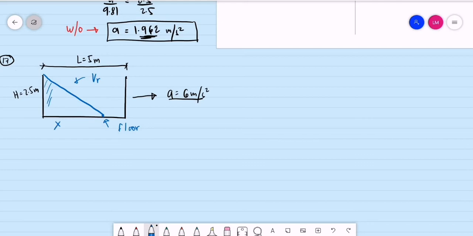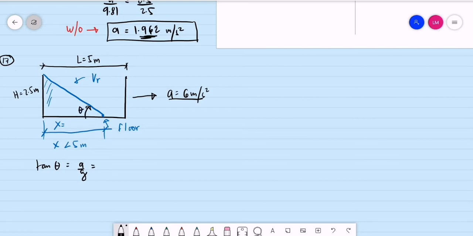Let us first determine this dimension, let's say x. For a correct assumption, the value of x should be less than the length of the tank, so less than 5 meters. We use the equation tangent of theta equals acceleration divided by acceleration due to gravity, where theta is our angle of inclination.